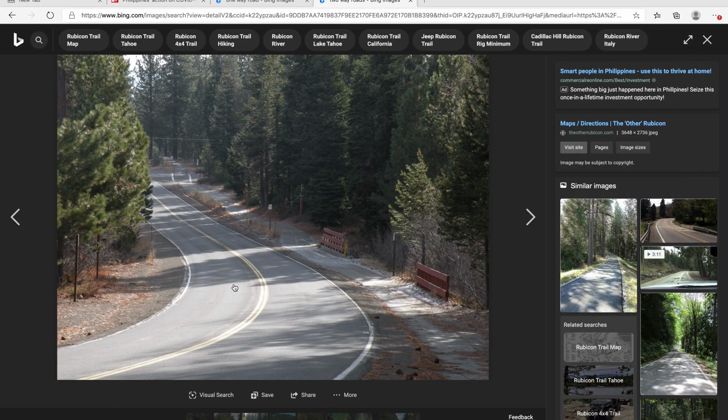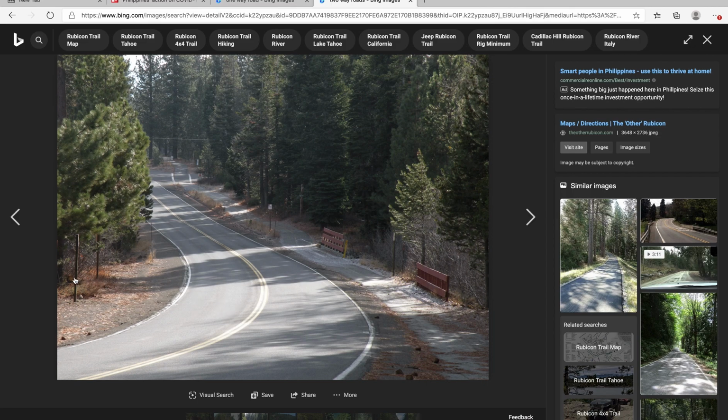Now, when we say road, if there is a curvature, we try to imagine na meron tayong malaking circle. So we have a big circle here, and the curve in your road is a portion of that circle. And pag may circle tayo, we have a radius.